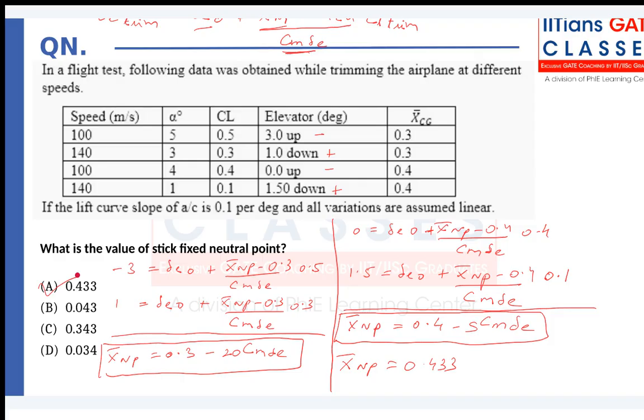Do try this out on your own. Try different methods, whichever is convenient for you. This is what I found easy. All right, let's go to the next question.